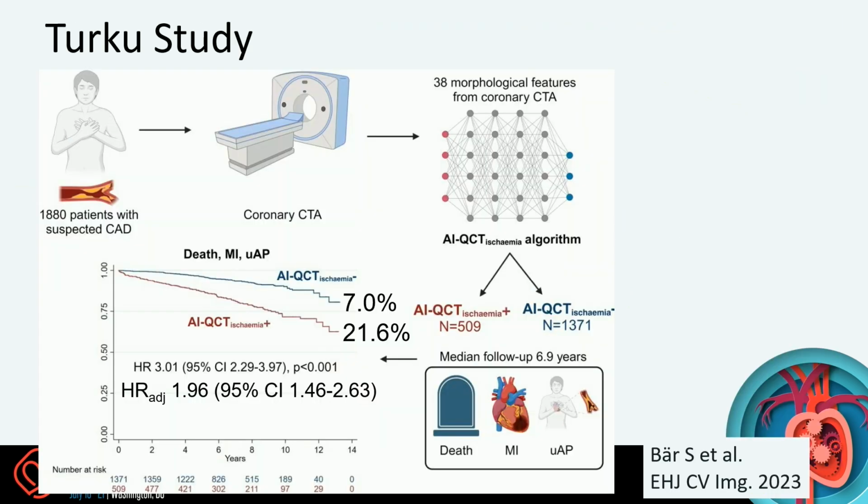To be sure that it works in other cohorts as well, the Turku study from Juhani Knuuti and his group showed that, similarly to PACIFIC 1, when AI-QCT ischemia is abnormal, you have a significantly increased risk of future cardiovascular events.